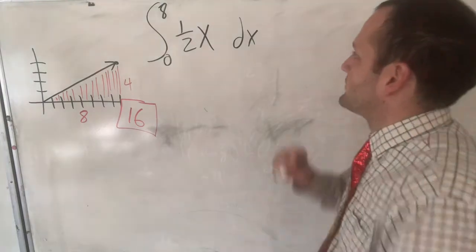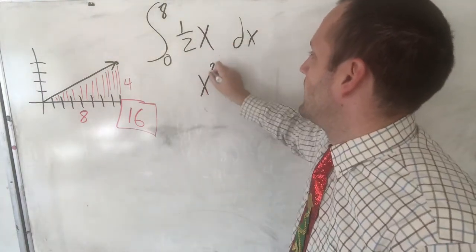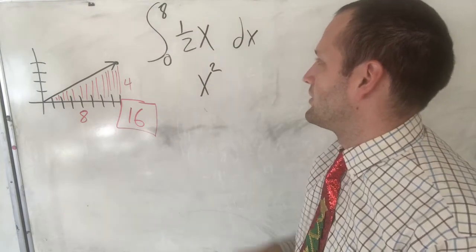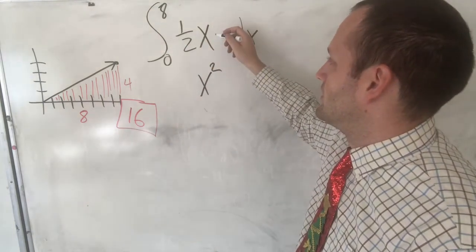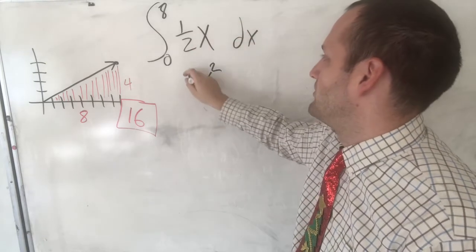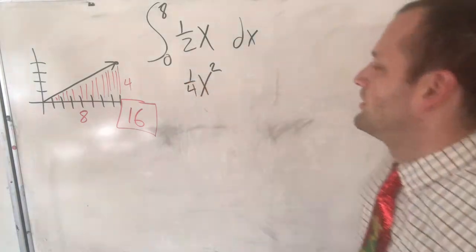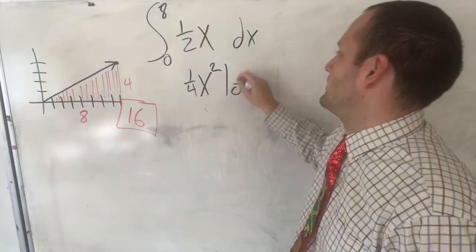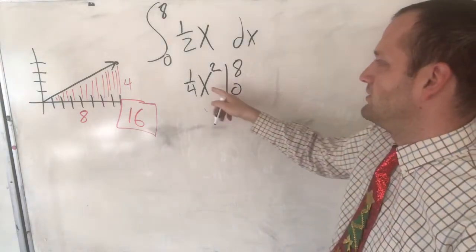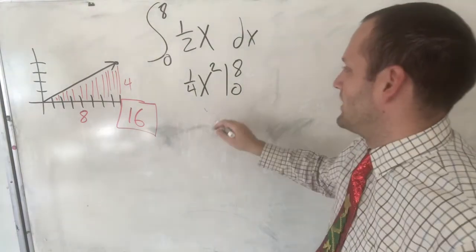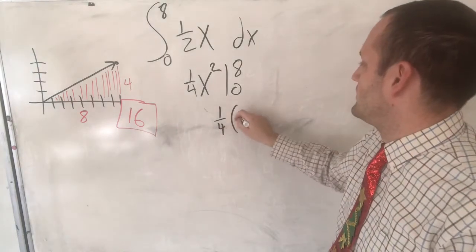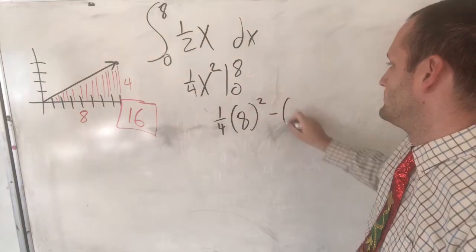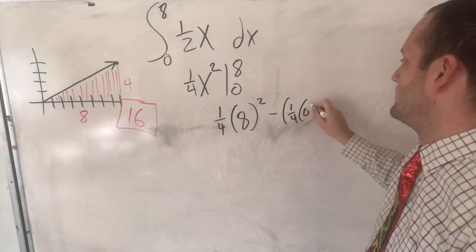Let's see if it works. So, this becomes x squared. 2 times what is 1/2? It would be 1/4. Here we go. We want to go from 0 to 8. Well, when you plug in 0, you get 0. You plug in 8, 1/4 times 8 squared minus 1/4 times 0 squared.